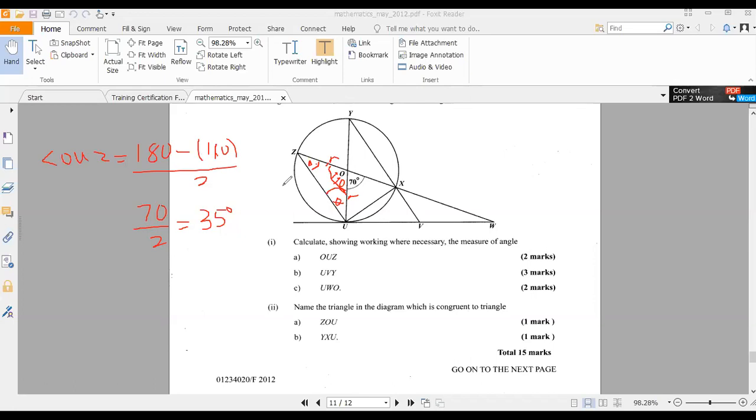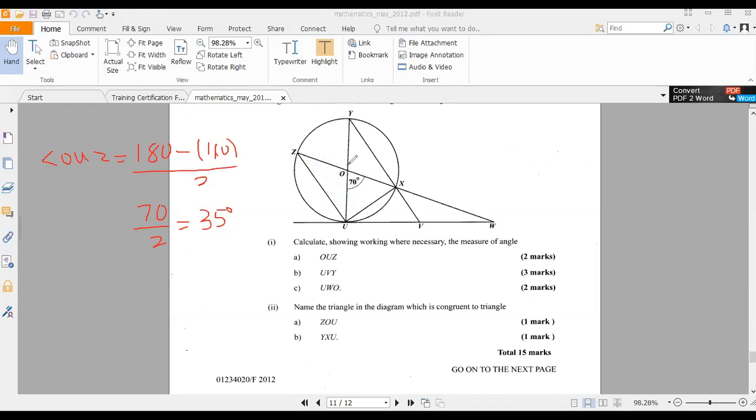Now, for those of us who can apply the circle theorem, I'm going to show you what else we can do here. Remember carefully that this is the angle at the center.